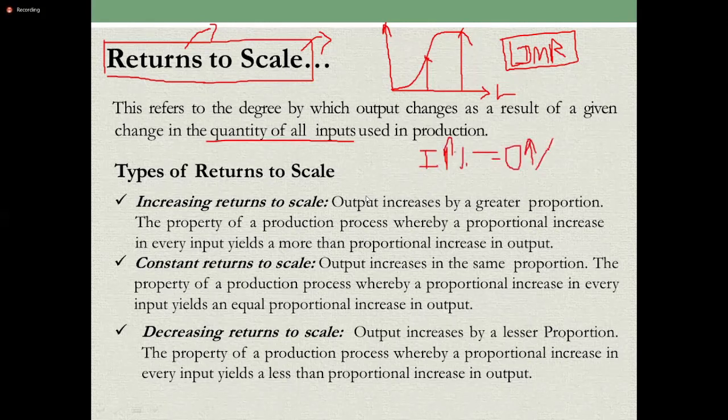In percentage, right? For a simple example, if you increase the inputs by 10%, what percent do the outputs change? That is the simple meaning of what you call returns to scale.